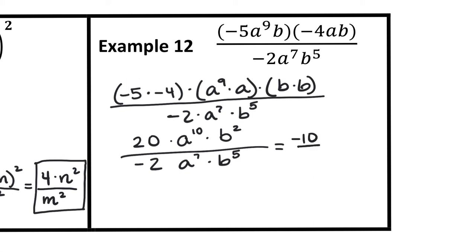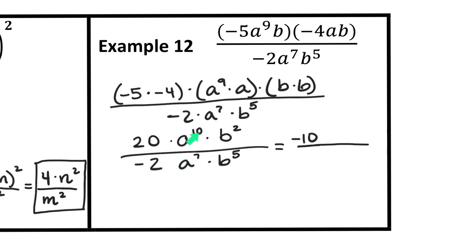And there seems to be a 1 underneath here. Or we can keep it, let's keep it like that. So it's negative 10. Then we have 10 a's on the top and 7 a's on the bottom.